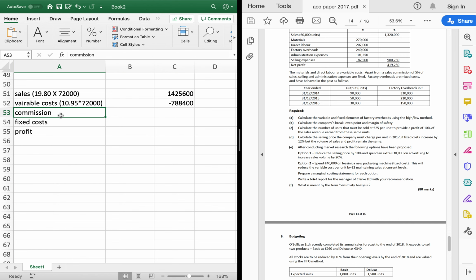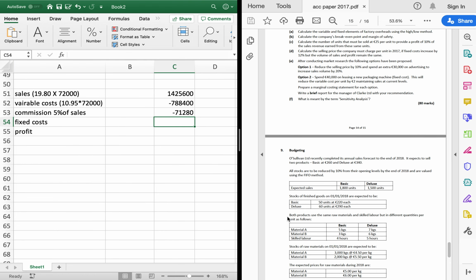And the sales commission is still 5% of sales. So 5% of 1,425,600 is 71,280.